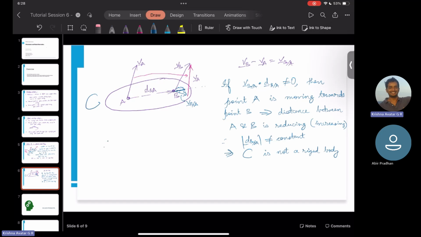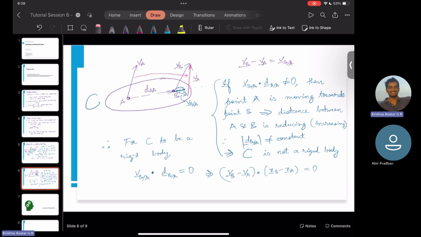Therefore, based on this argument, for C to be a rigid body, VBA dot D vector BA has to be 0, which means that VB minus VA dot XB minus XA has to be equal to 0.